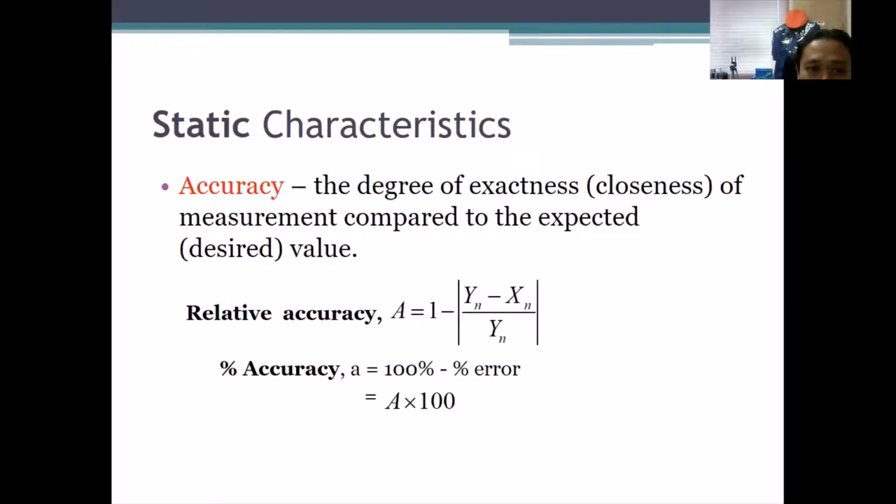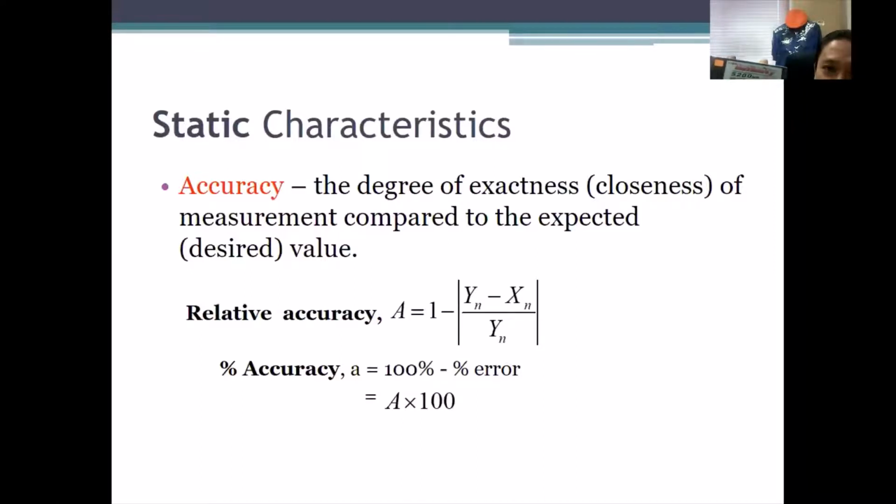Alright, on the static characteristics, we have to study accuracy. Accuracy is the degree of exactness or closeness of the measurement compared to the expected value. For example, yesterday I mentioned that this battery's expected value is 14.8 volts.